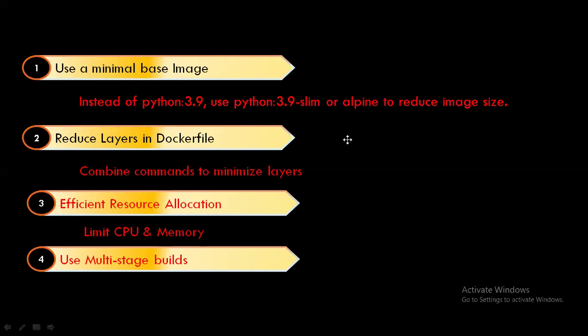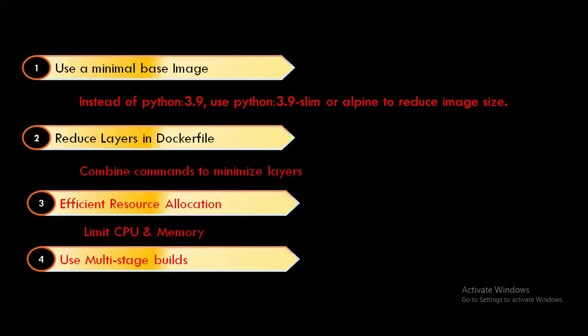The next one is reduce layers in Dockerfile. What do you mean by reducing the layers? How many of you are familiar with Docker layers? What are layers in Docker, guys? Excellent. One good answer. Okay, very good. So Docker builds images in layers, right?